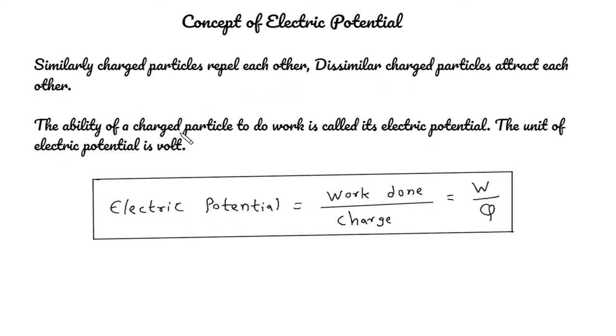The ability of a charged particle to do work is called its electric potential. The unit of electric potential is volt. Mathematically, electric potential is equal to work done upon charge, V = W/Q, where work done is denoted by capital W and charge is denoted by capital Q.